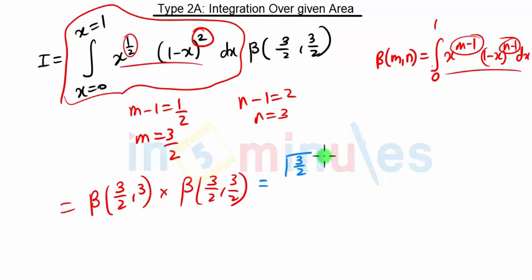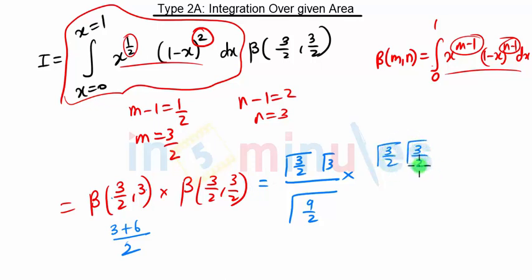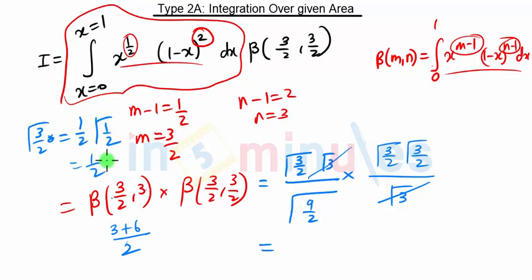So here we are going to apply the formula of beta of m comma n, which is nothing but gamma of m into gamma of n upon gamma of m plus n. So beta of 3 by 2 comma 3 is gamma of 3 by 2 into gamma of 3 upon gamma of 3 by 2 plus 3, which is 3 plus 6 upon 2, that is 9 by 2. Into beta of 3 by 2 comma 3 by 2, which is nothing but gamma of 3 by 2 into gamma of 3 by 2 upon gamma of 3. So this gamma of 3 and gamma of 3 will get cancelled, and gamma of 3 by 2 is nothing but half gamma of half, and gamma of half is nothing but root pi.